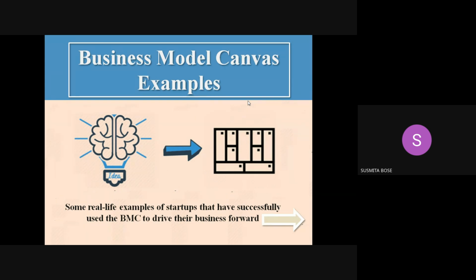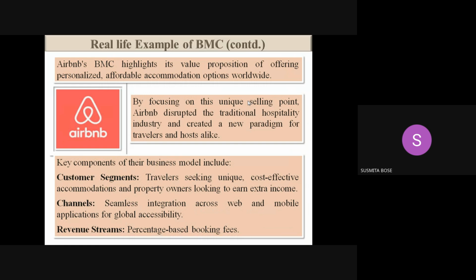There are some real-life examples of startups that have successfully used the BMC to drive their business forward, like Airbnb. Airbnb's BMC highlights its value proposition of offering personalized, affordable accommodation options worldwide. By focusing on this unique selling point, Airbnb disrupted the traditional hospitality industry and created a new paradigm for travelers and hosts alike.